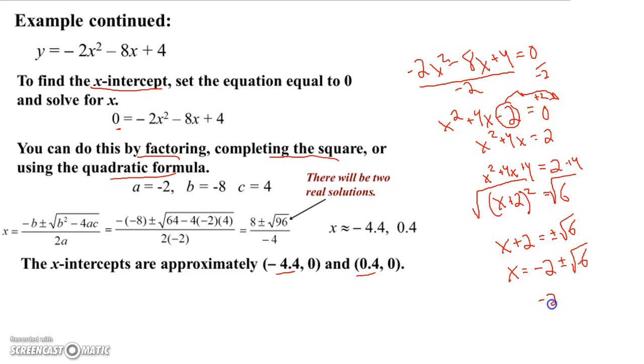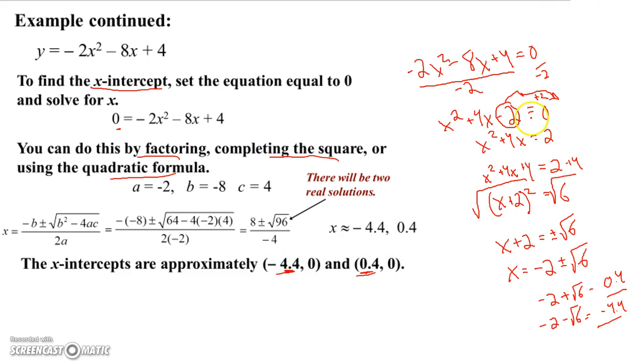It's going to be minus 2 plus radical 6 equals blank, and you're going to have minus 2 minus radical 6 equals blank. And if you do that properly, you'll notice that minus 2 plus square root of 6 is going to be 0.4, and minus 2 minus radical 6 will be minus 4.4. You'll notice those are the exact same things as what you got over here using the quadratic formula.